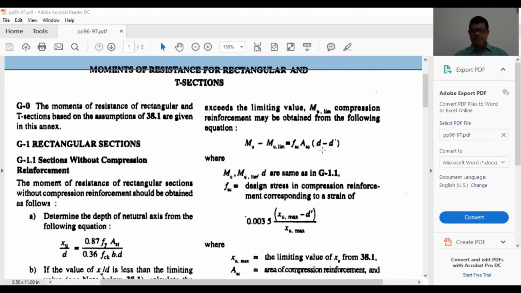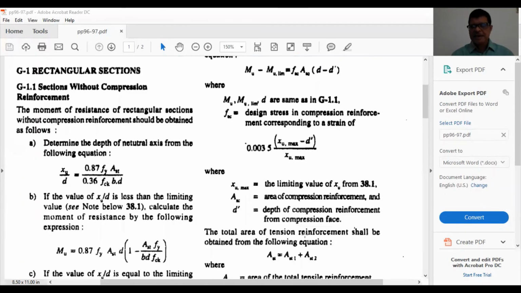That way you will find the compression reinforcement, so ASC can be obtained. But what is FSC? FSC, as we have discussed, corresponds to 0.0035 into (XU maximum minus d dash) by XU maximum. The same value is taken here, and here they have neglected the stress in concrete at the level of compression steel.